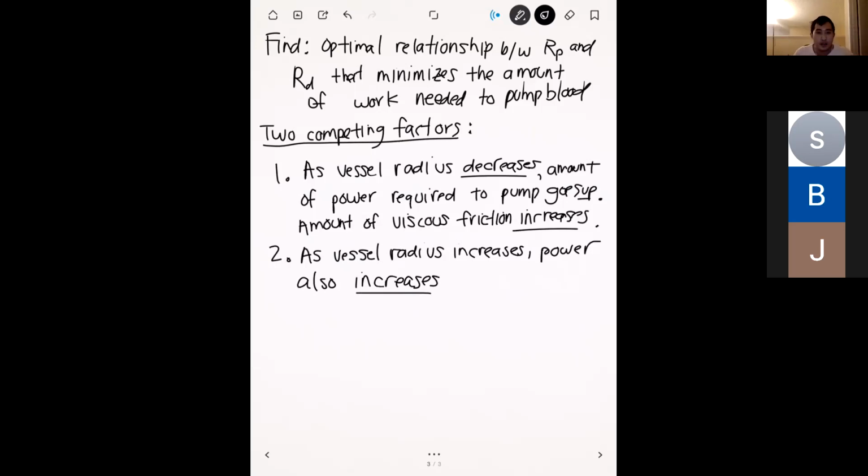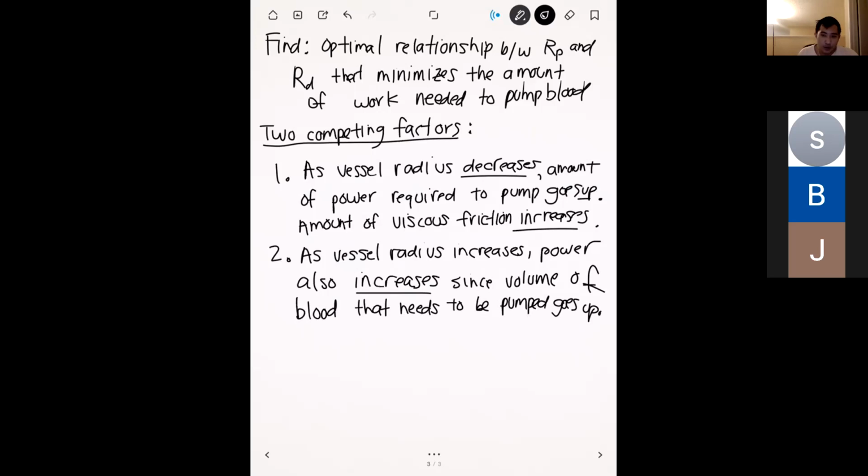And so what we can say is that the volume of blood is going to go up. Okay. And so if you have more blood or more stuff to move, that's going to take more power just to push it around, right?